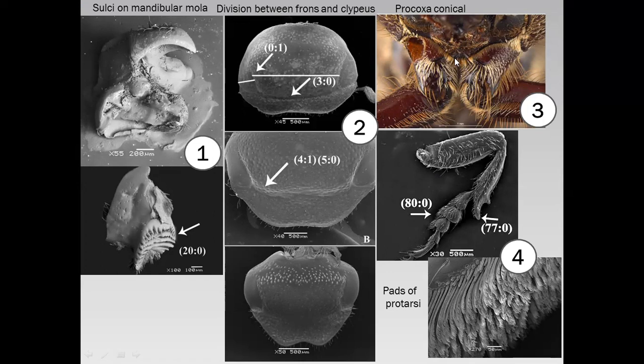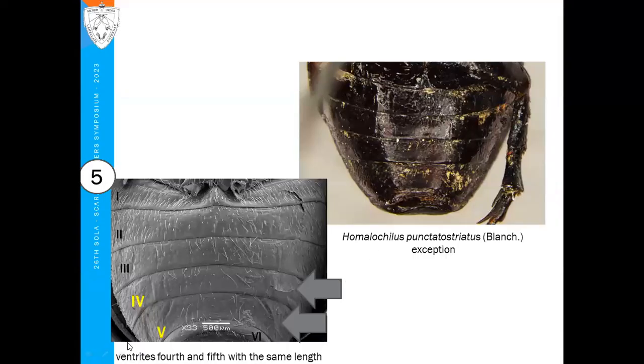Another synapomorphy is the conical shape of the procoxa, the ventral surface of the protarsi with pads of bristles, and the fourth and fifth ventrites equal in length, except for the species of Homalochilus, which I'm going to introduce later in this presentation, that show the fifth ventrite longer than the preceding.